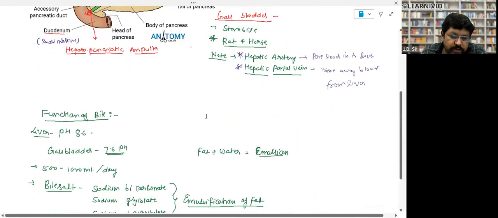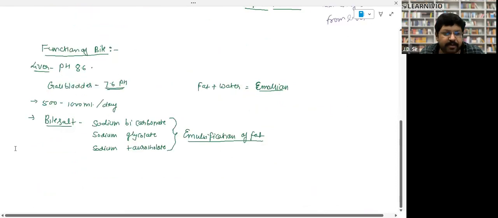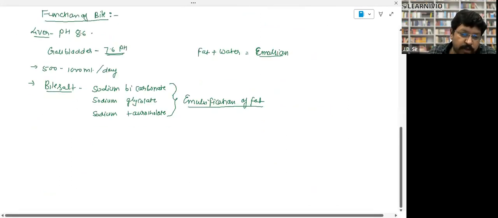So these were the questions, and the function of bile is simple. Don't forget to note down the names of the salts which make the bile salt. The pH value of bile in liver is 8.6, in gallbladder 7.6, and the function is that it mixes fat with water, meaning emulsion formation. Every day 500 ml to 1000 ml bile is secreted by liver.